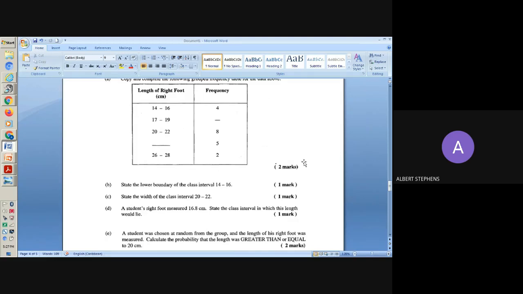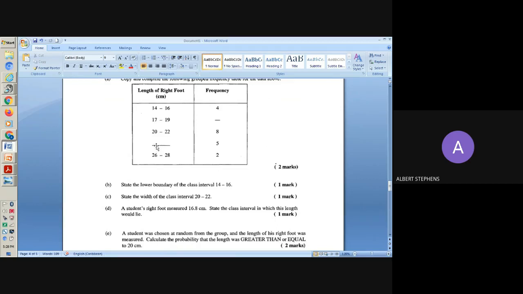What does probability mean, class? What's the definition? Your favorite outcome over your total possible outcome. Right. So would you agree with me that our total possible outcome would be 25? Yes. Our total possible outcome would be 25. Now the question says, calculate the probability that the length was greater than or equal to 20 centimeters.